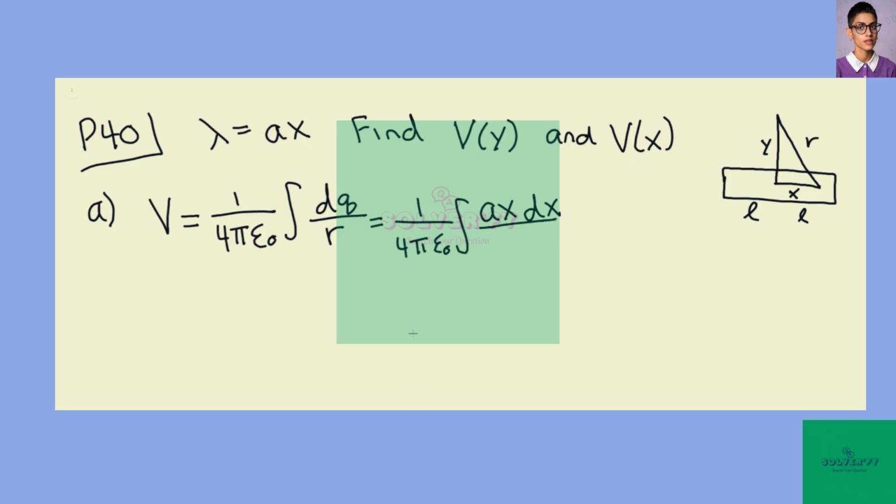And we can replace our r with the square root of x squared plus y squared, making use of this right triangle. And here's our little piece of charge. It's a pretty tricky integral to solve, but we can do it. However, it might be worth noting that because this is odd with respect to the origin, it's equal to 0.